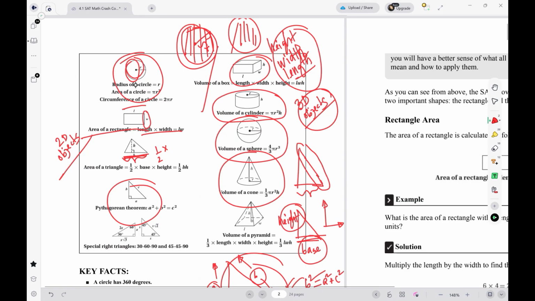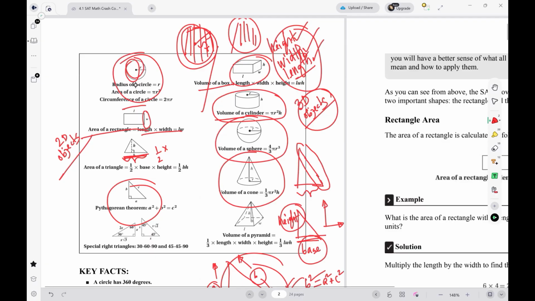So all of these objects have the height, the width, and the length. For example, this is a box and this is a cylinder. You can also consider that this cylinder has a height, a width, and a length. We will discuss later how a cylinder can possess a width or height.